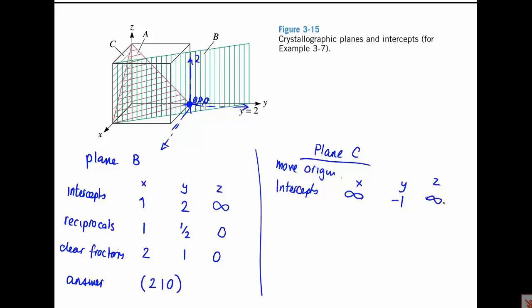Well, the plane is parallel to the z-axis, so once again, that's infinity. Let's take the reciprocal. 0, -1, 0. There's no fractions to clear, and so the answer is 0, 1 bar, 0.